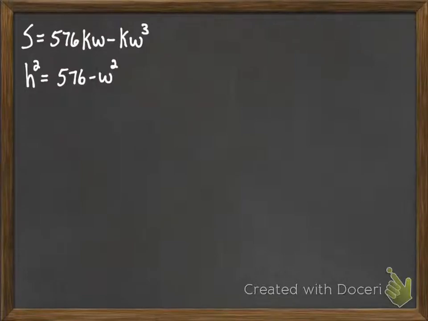So we can say, okay, w is greater than 0, but there's going to be a limit to how big w could be because of this relationship. In fact, w can't be any bigger than 24. Once you get up to 24, then you're basically cutting the log in half and you don't have a board anymore. So we can say then that w has to be between 0 and 24 because both h and w have to be actual lengths.